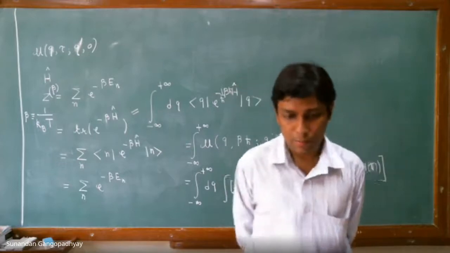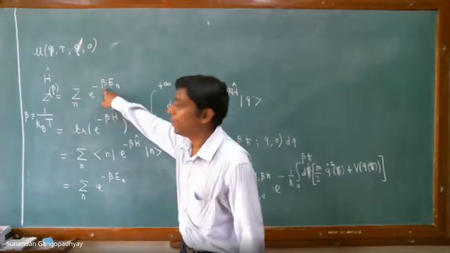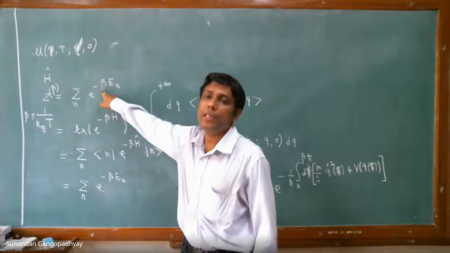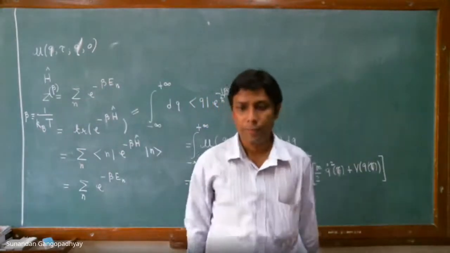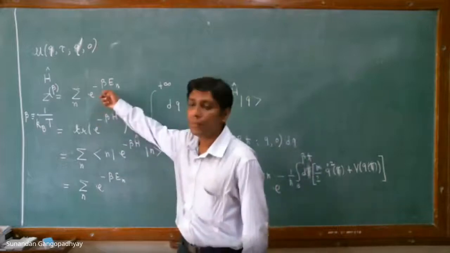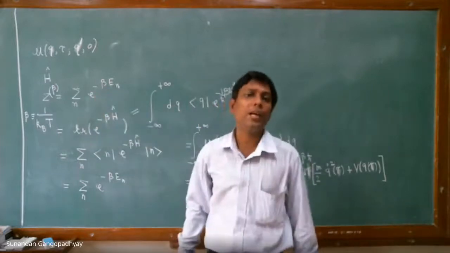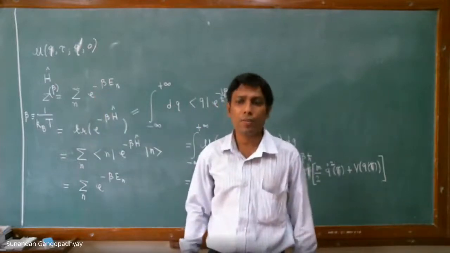But here you don't have any interpretation of beta as time in the statistical counterpart. In the quantum statistical system, this beta you do not interpret as time, right? It is the inverse of temperature.